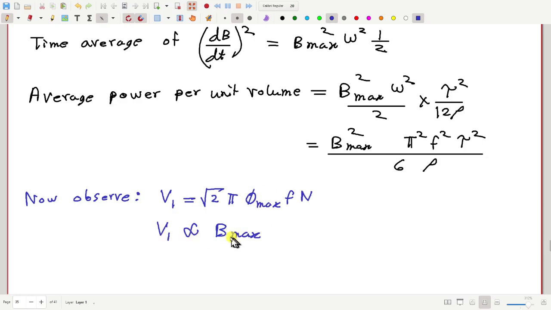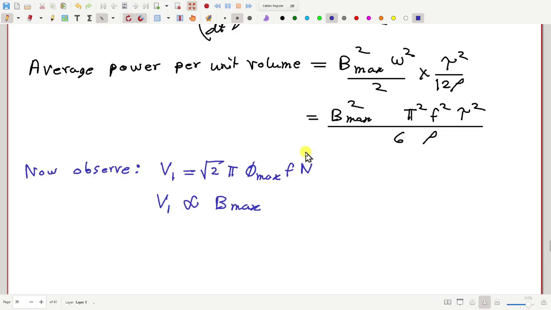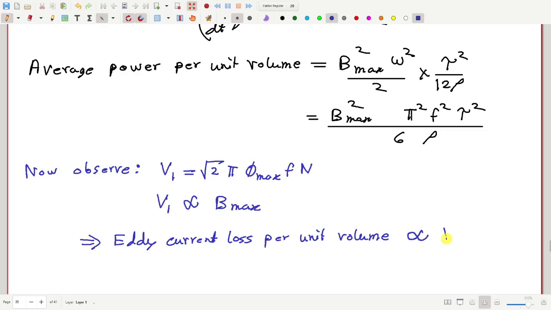So V1 is proportional to B max, and therefore from here we can write eddy current loss, I mean power loss per unit volume, that will also be proportional to V1 square, I mean supply voltage square, because B max is proportional to V1.